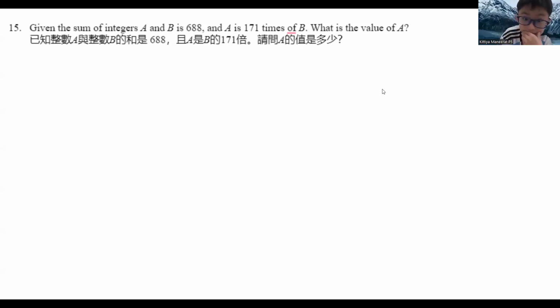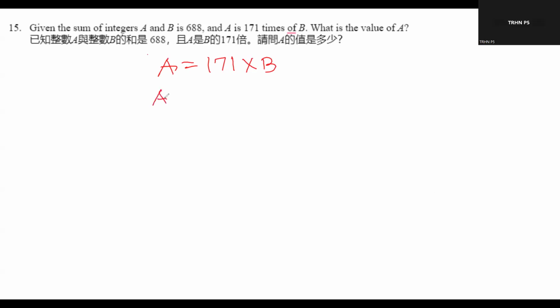A is 171 times B. And A plus B is 171 times B plus one times B, so that 688 is 172 times B. So B is 688 divided by 172.